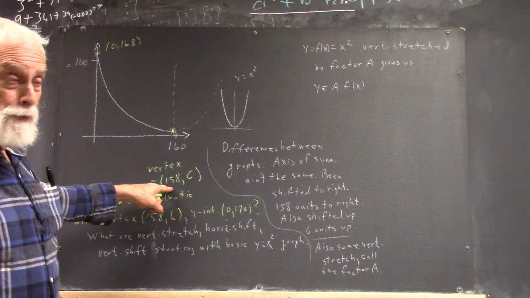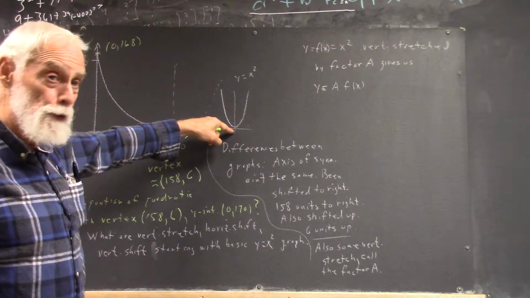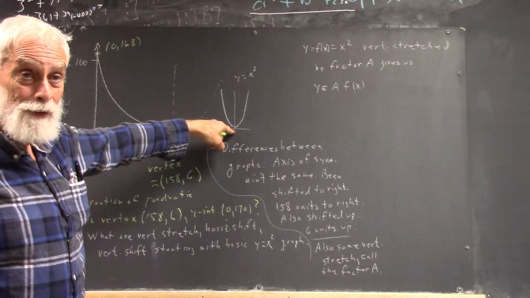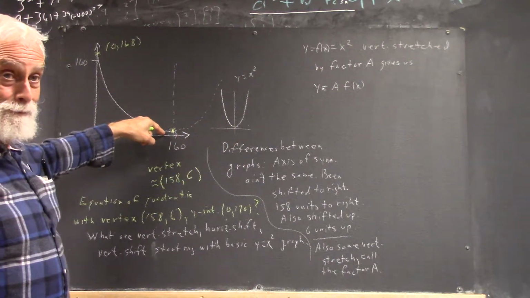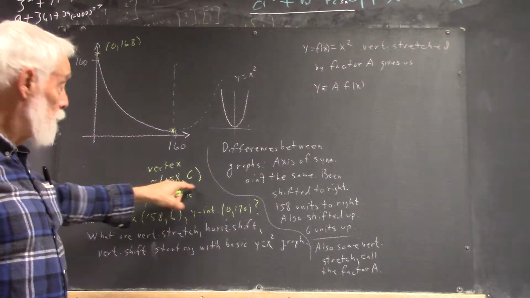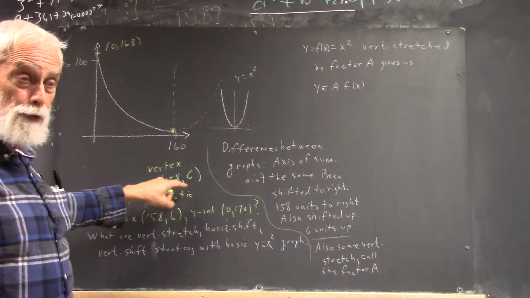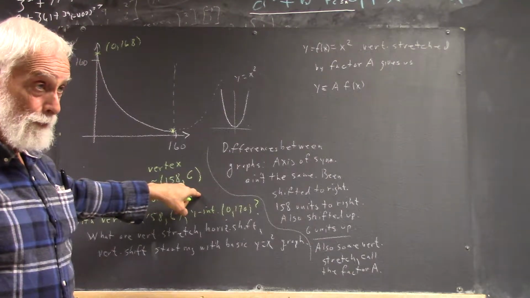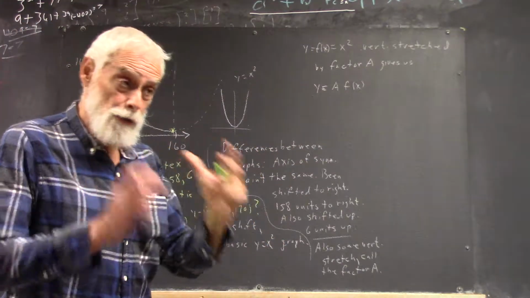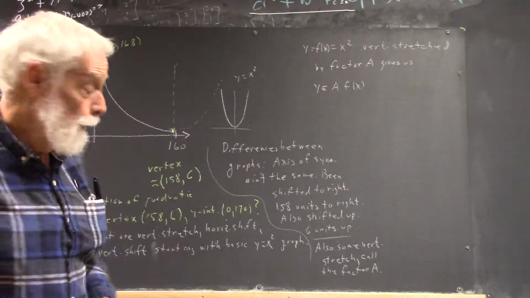It's also been shifted upward 6 units, because the vertex of the x squared graph is at the origin, on the x-axis, and this is 6 units above. So since the vertex is moved from the origin to the point (158, 6), you know the horizontal shift and the vertical shift. You've got to lock that in. You've got to see that when you look at these graphs, and when you look at the graph you made for your data.